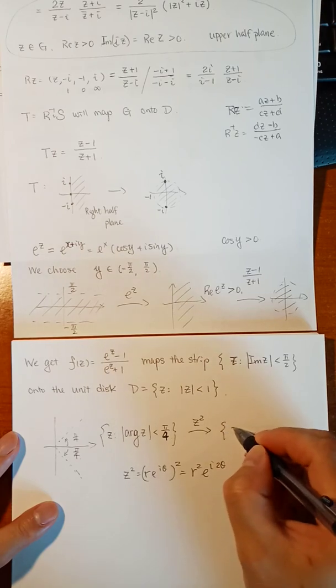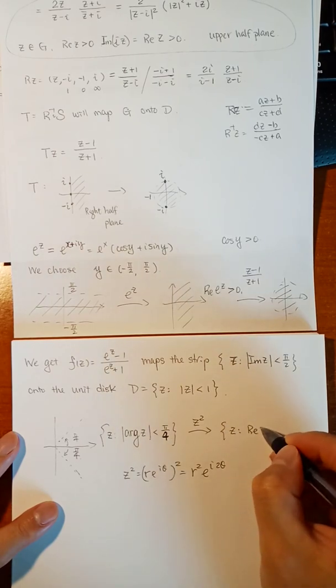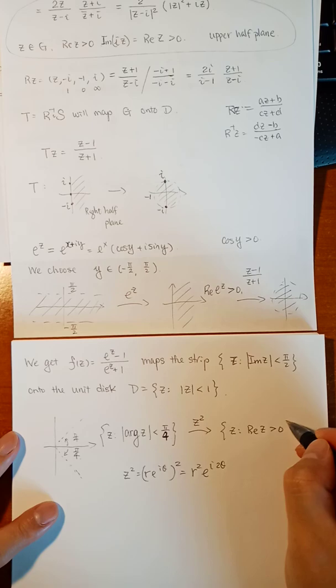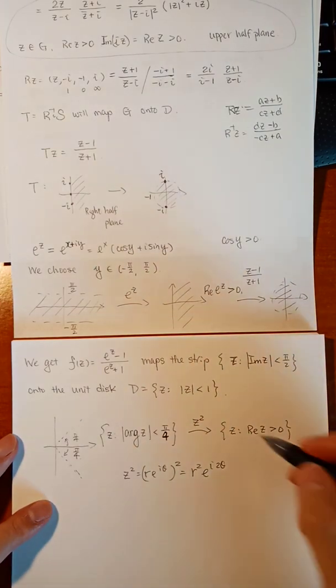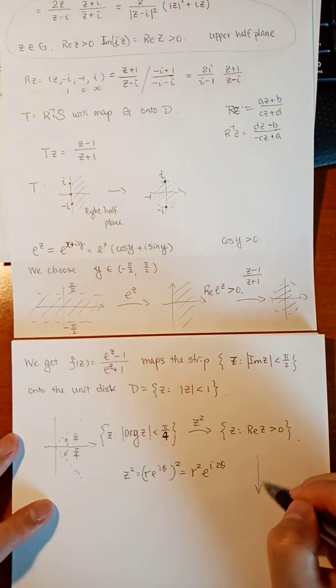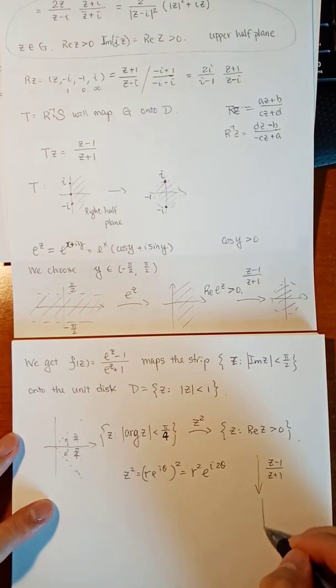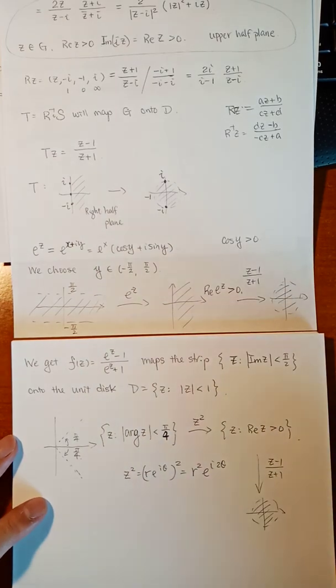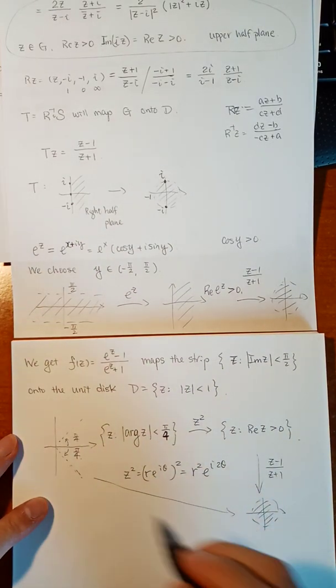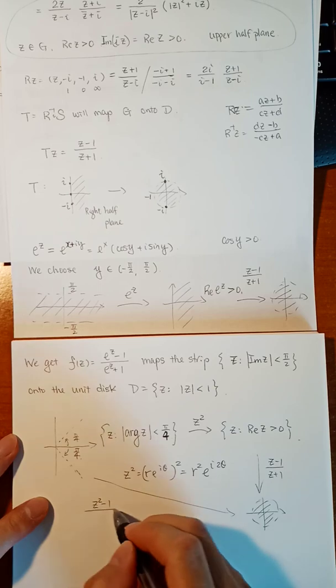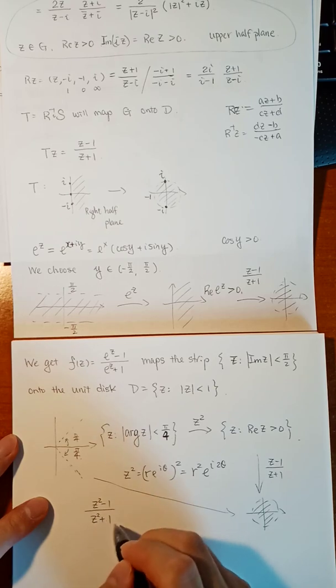So this is the real part positive, a right half plane, and then you apply (z minus 1) over (z plus 1). You will map it to the unit disk.